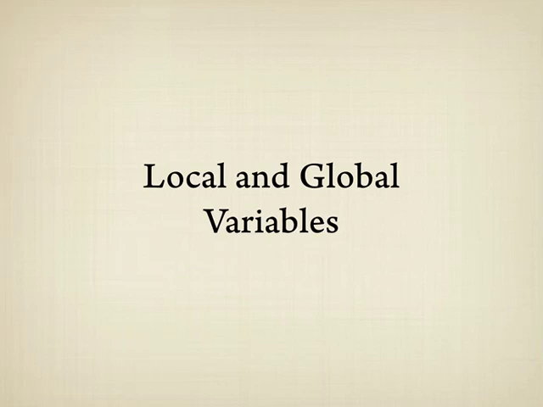In this video, we have seen that when you declare a variable, if it is within the curly braces of a function, it is local to that function and only exists, as far as Processing is concerned, within that function. If it's outside of any curly braces, then it's global and it can be shared amongst all functions, and its value is retained as long as the program is running. And if you change the value, it remembers the changed value.